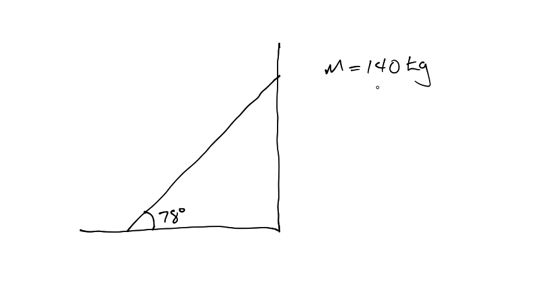So that's a pretty big ladder, right? So might as well make it a long one. The ladder is 8 meters in length. The center of mass is obviously in the middle of the ladder.